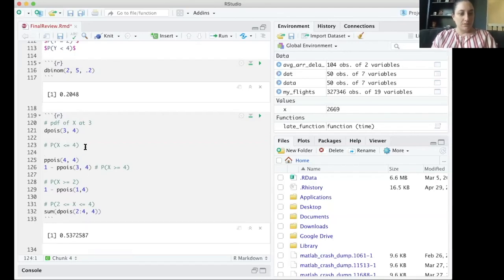You could also do that here. I was worried about being confusing, but I'm going to do it anyway. I think Poisson starts at 0, so the sum from 0 to 4, lambda equals 4.